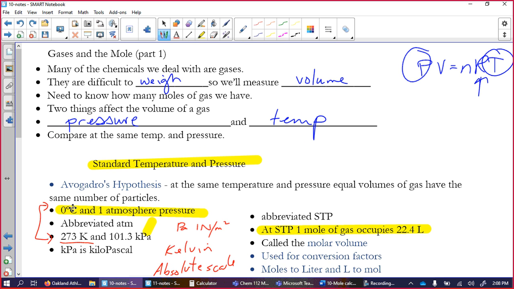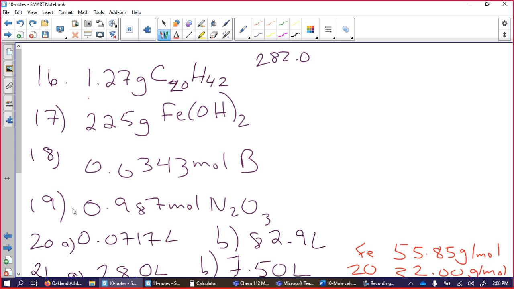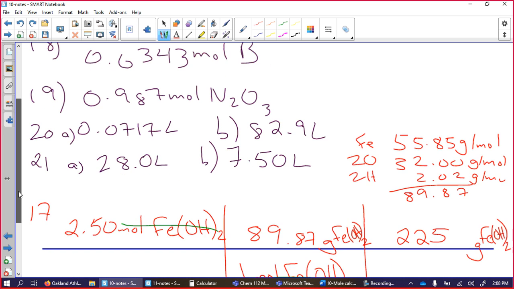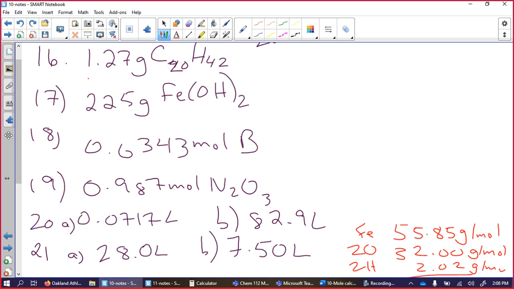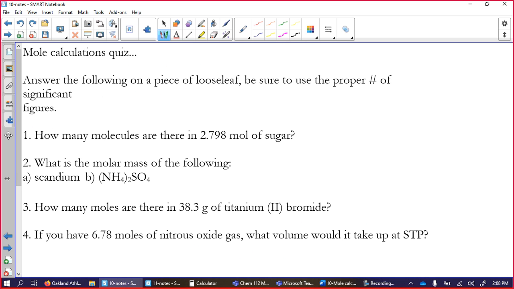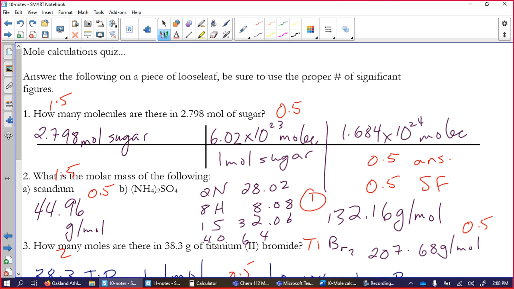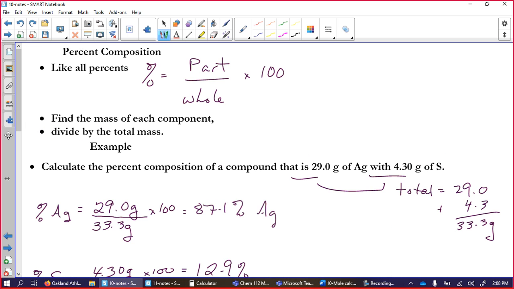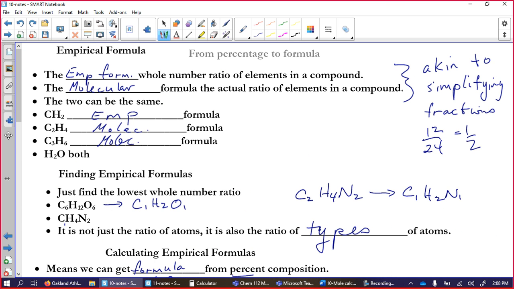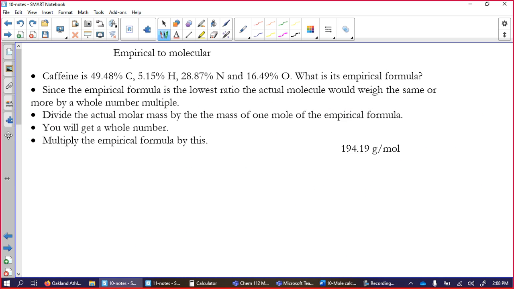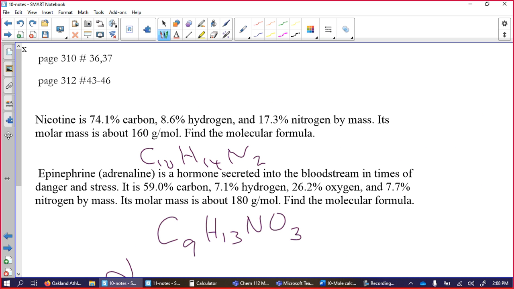Those are the answers to the questions from the textbook, and apparently how to do 17. There is this percent composition stuff. There's empirical formula. It's an application of moles and mass and all of that.